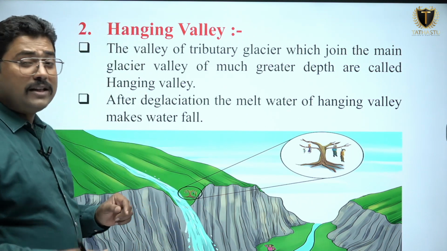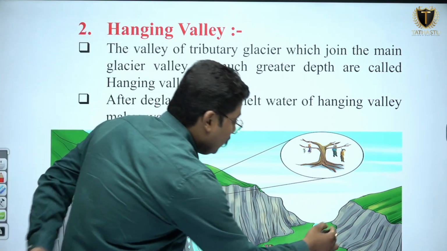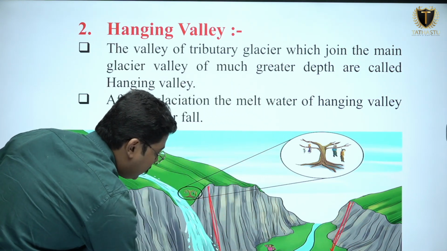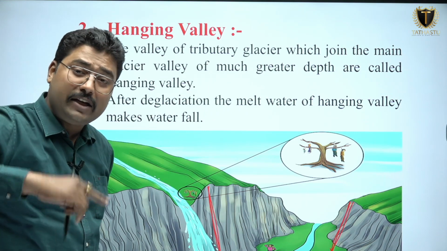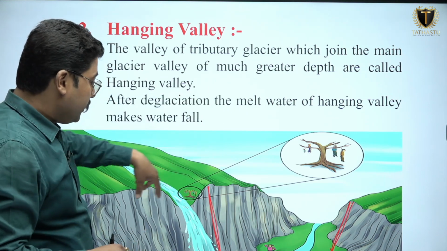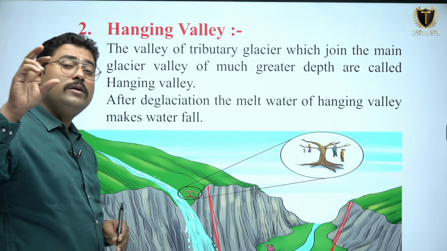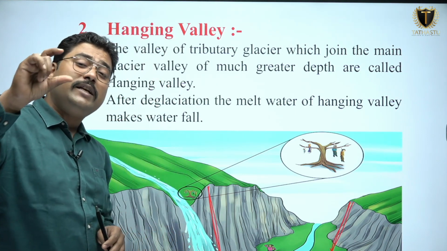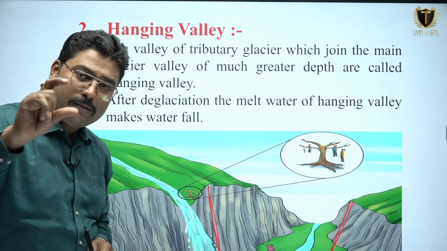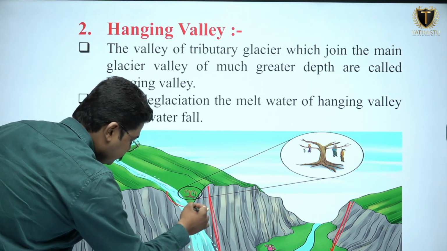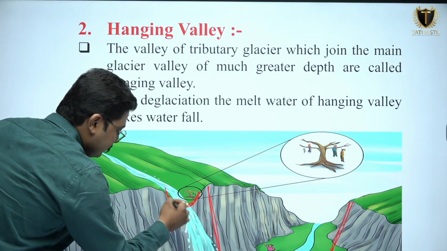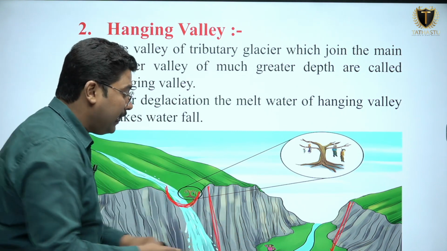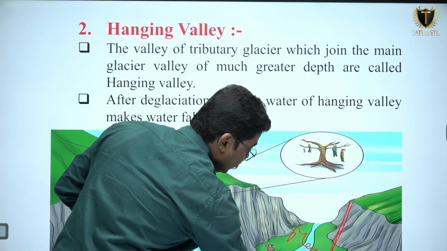We know that the depth of the main glacier valley will be more because its width, you can say height, is more. So the tributary glacier has less ice, so the valley it will make will be smaller, means this one. So this valley has been formed over the valley of the main glacier, this is the main glacier.